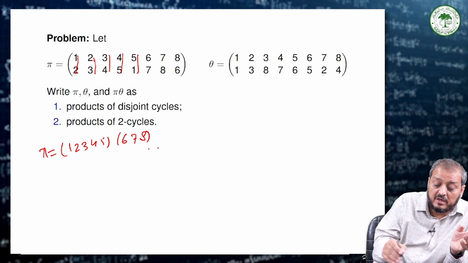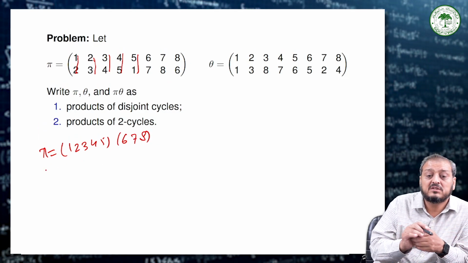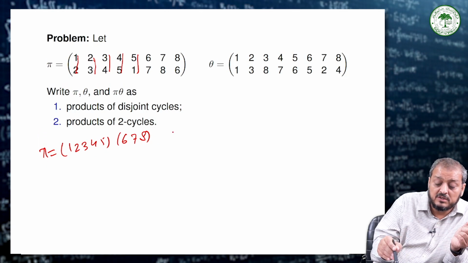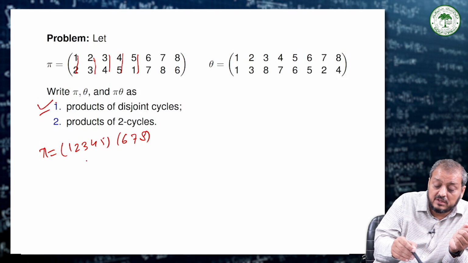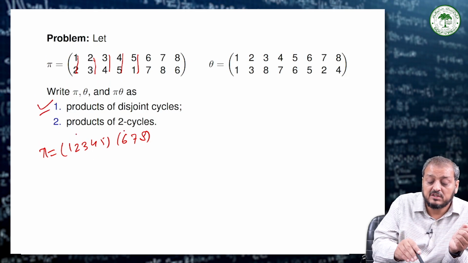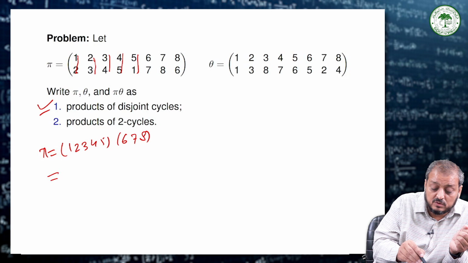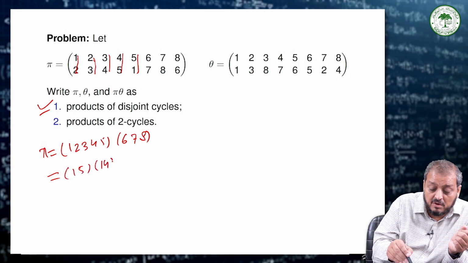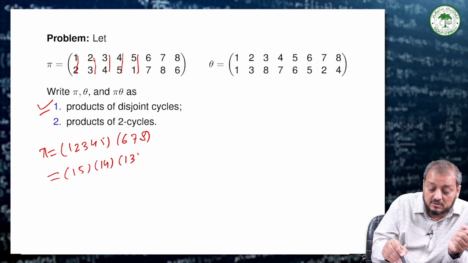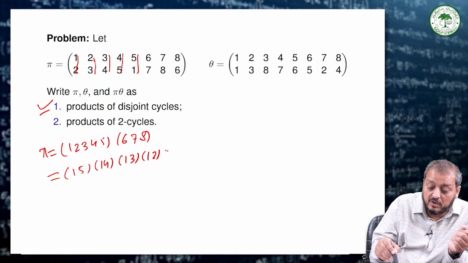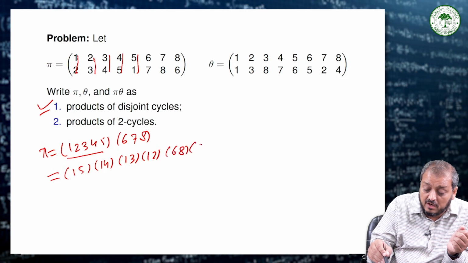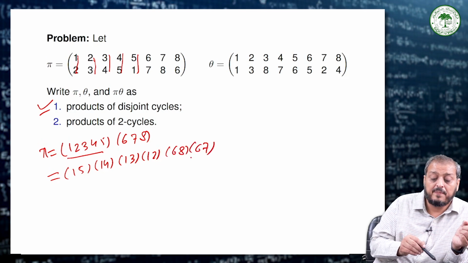So clearly these two cycles are disjoint. The second part asks us to write them as 2-cycles. So the 2-cycles are 1 5, 1 4, 1 3, and 1 2 for this, and then 6 8 and 6 7 for this.